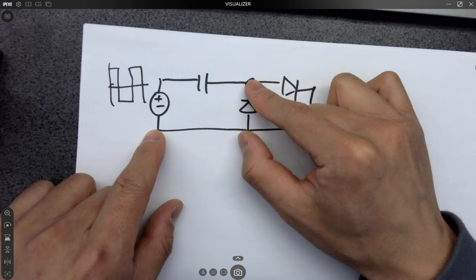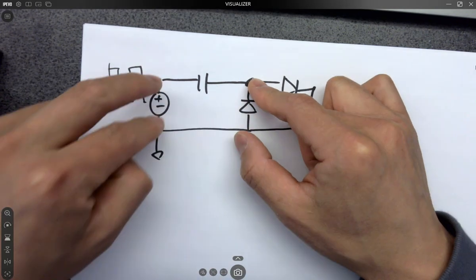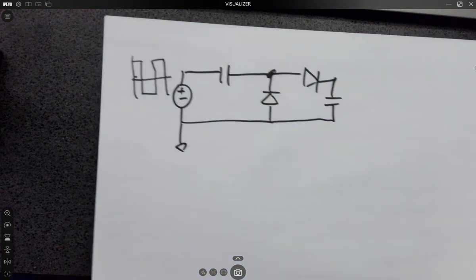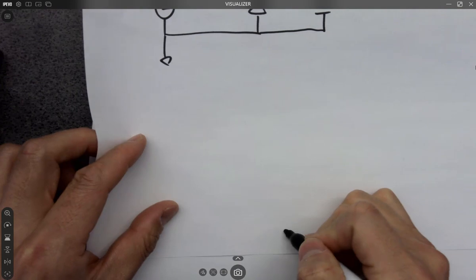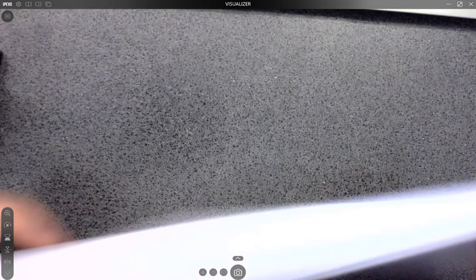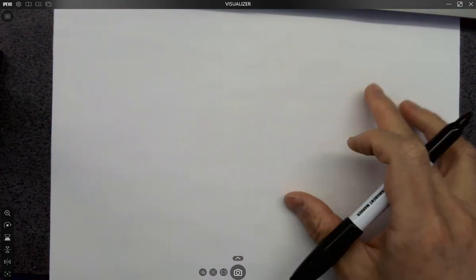If you are looking at this node, the voltage is a lot higher than this one and this one. This applies to the charge pump circuit as well. Let's have a quick review on this charge pump circuit.